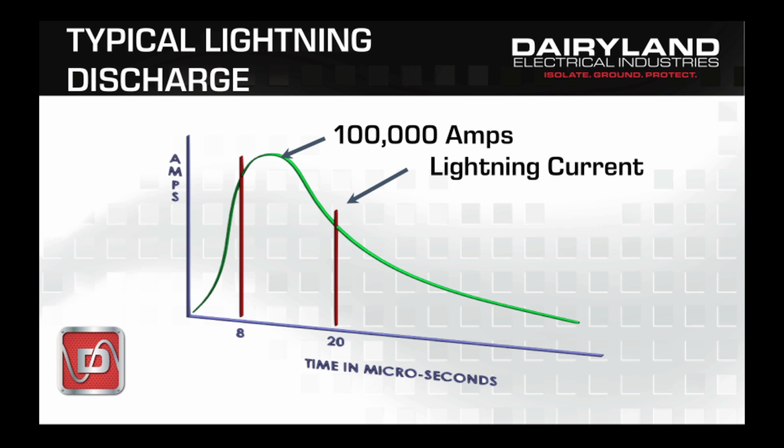In this case, reaching 100,000 amps at the peak, not an uncommon event. All DAIRYLAND decouplers need to react to lightning events, and most decouplers are rated to 100,000 amps of current. Only the very smallest SSD product is rated at a slightly reduced 75,000 amp level.